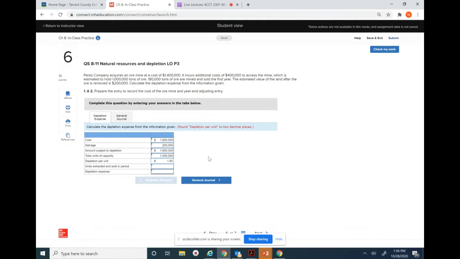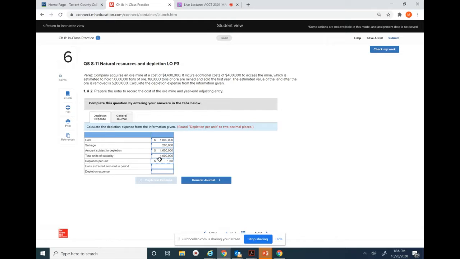Remember, the reason why we're working this problem now is because the depletion is calculated by using the units of production method we just covered. So this is the first step. We just calculated the depletion per unit. This is the rate at which the mine will be depleted.